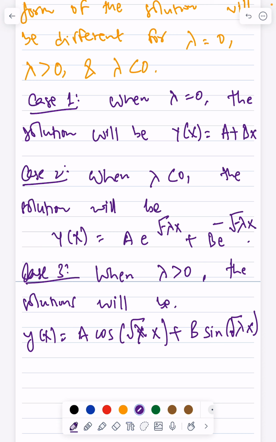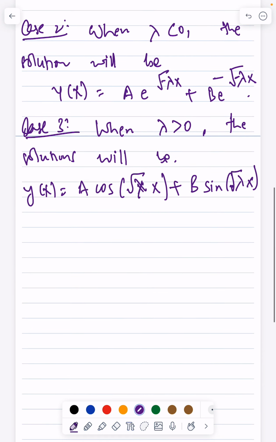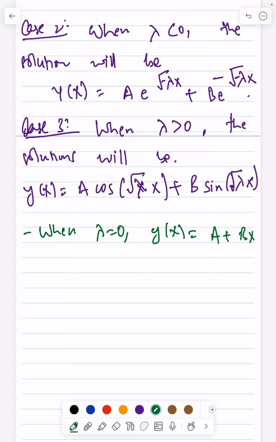Now let's look at the cases. When lambda equals 0, we have our Dirichlet boundary conditions. This is our solution, a plus b x, and our boundary condition y of 0 equals 0 implies a plus b times 0 equals 0. That just implies a equals 0.